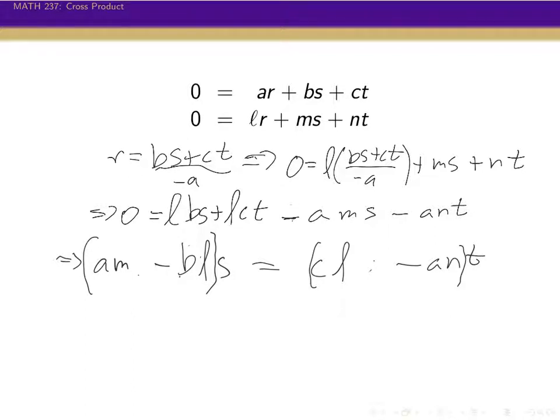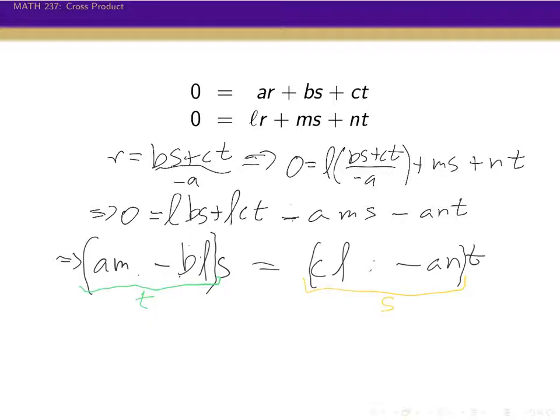And so we want to find an S and a T such that (AM minus BL) times S is equal to (CL minus AN) times T. And so the easiest way to do that would be just to call S equal to CL minus AN and T equal to AM minus BL. And so it just turns this equation into S times T equals S times T.